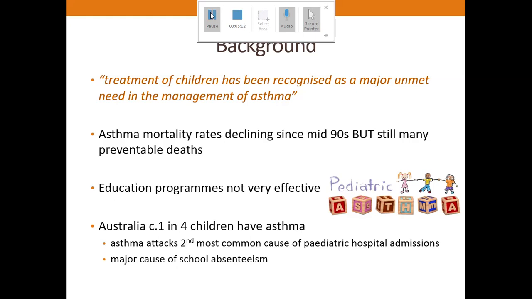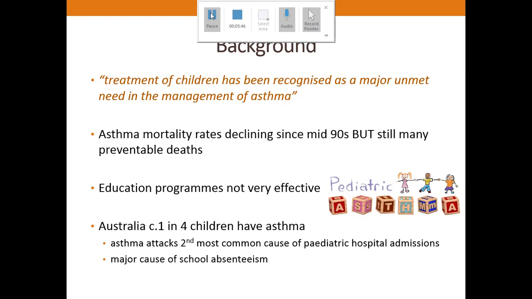Asthma is a condition which we'll talk about in a second, but it can be quite a mild disease, or it can be quite a major disease. So particularly in children who don't especially enjoy the treatment for asthma, there is a potential of fatalities.